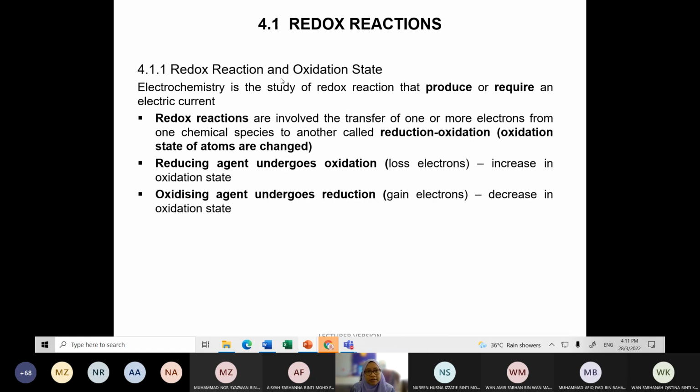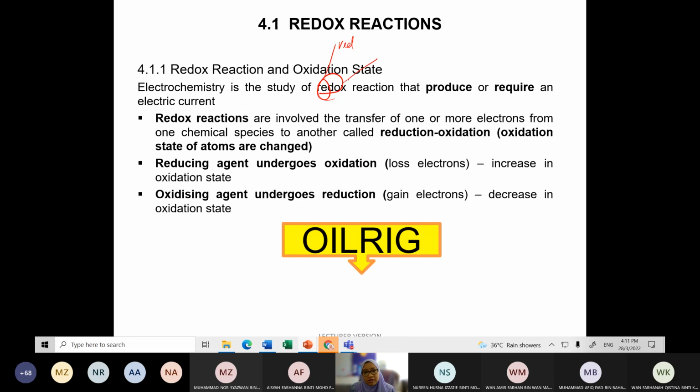So, redox reaction and oxidation state. Like I said, electrochemistry is the study of redox reactions that produce or require an electric current. The word redox itself stands for: red stands for reduction, ox stands for oxidation.